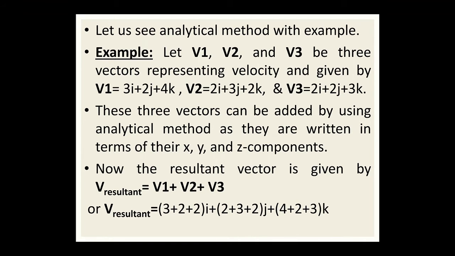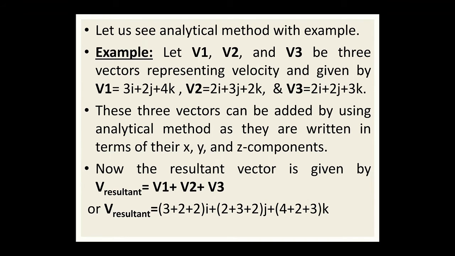Simply add the x components of v1, v2 and v3, and you will get the x component of v resultant. The x component of v1 is 3i, of v2 is 2i and of v3 is again 2i. So you get 3i plus 2i plus 2i. So the x component of v resultant is (3 plus 2 plus 2) times i.